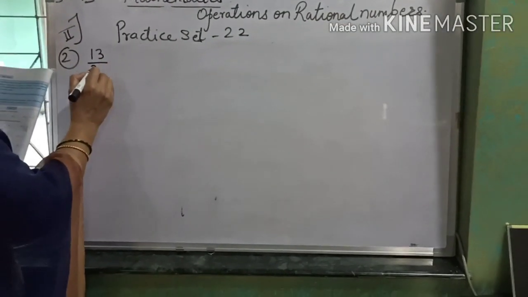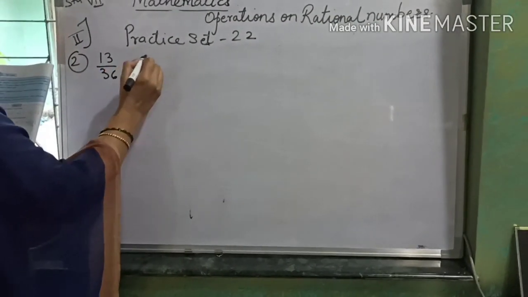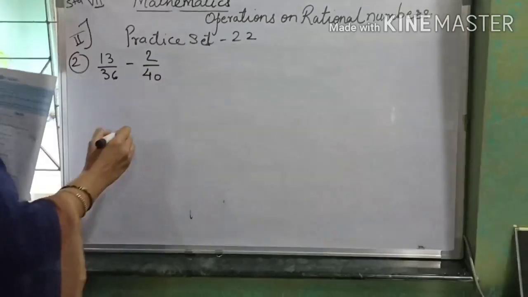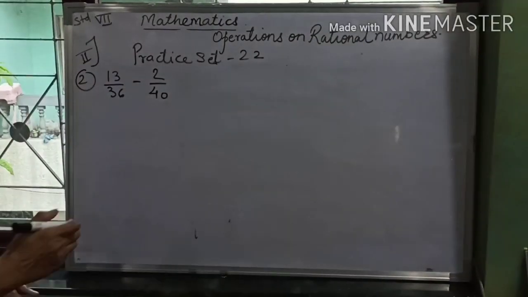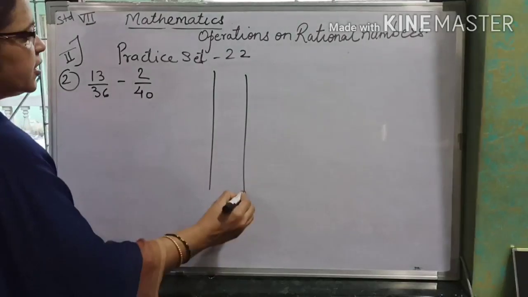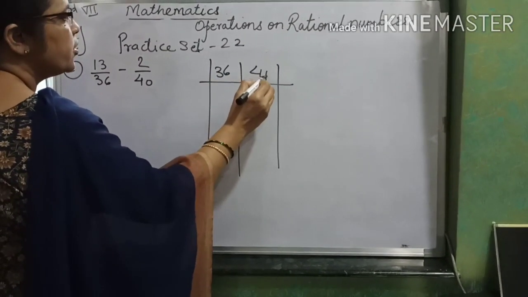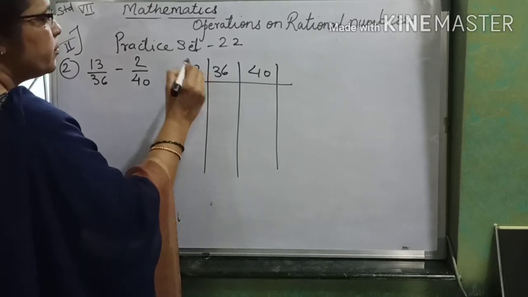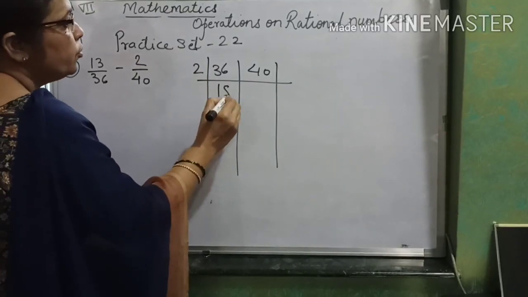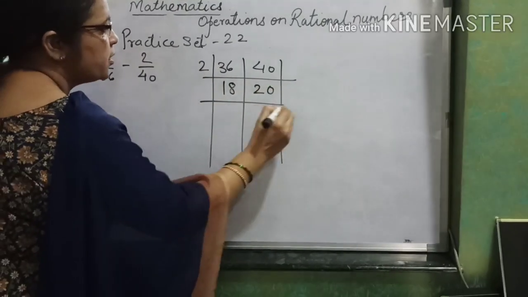13 upon 36 minus 2 upon 40. So 36 and 40 we will find out the LCM in the rough. 36 and 40. So it is divisible by 2. 2 18s are 36, 2 20s are 40.